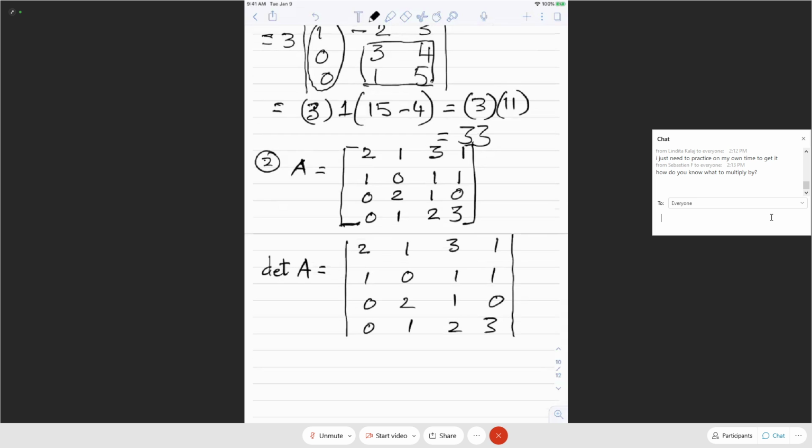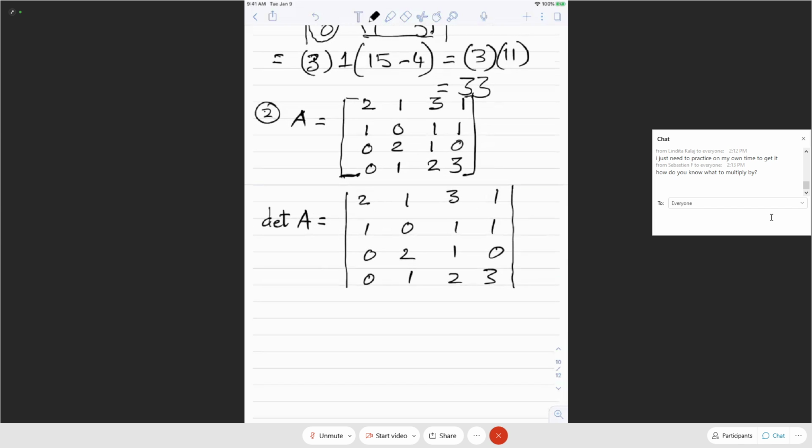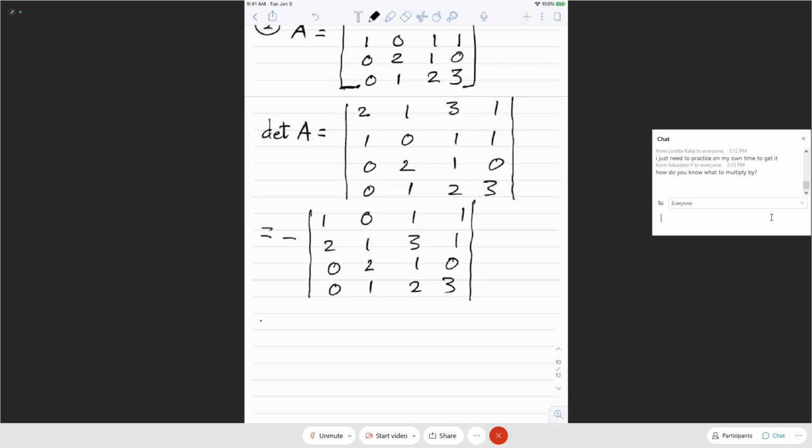This is very easy. First of all, interchange the first two rows. Then multiply the first row by -2 and add it to the second row.